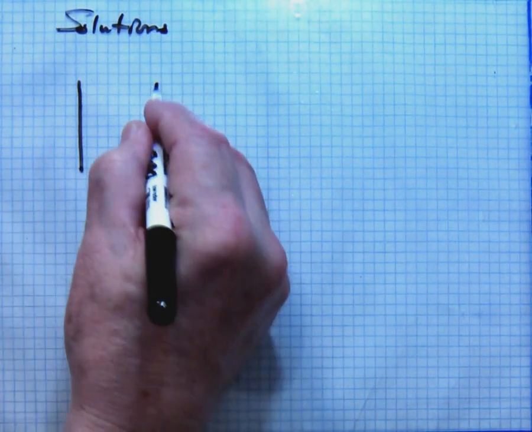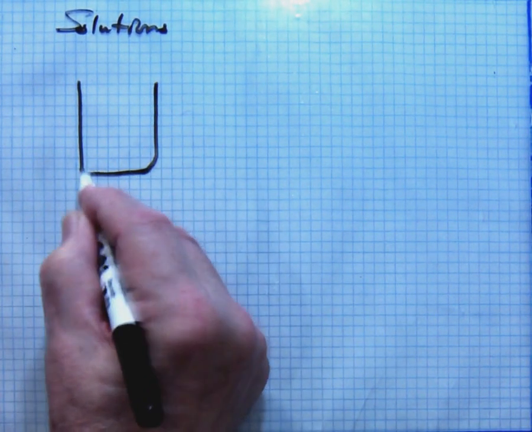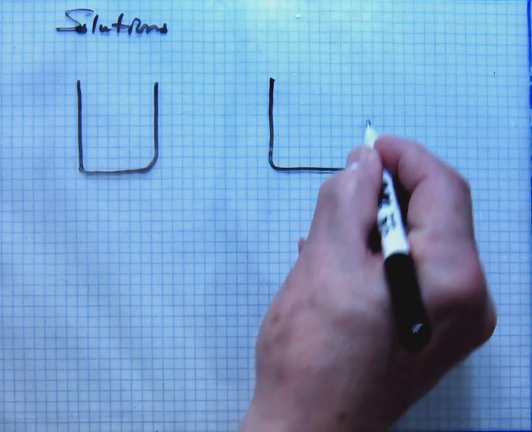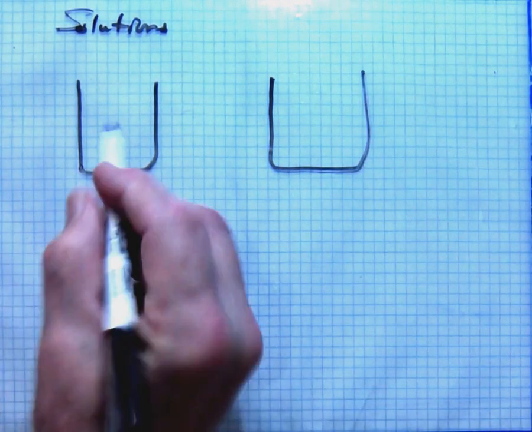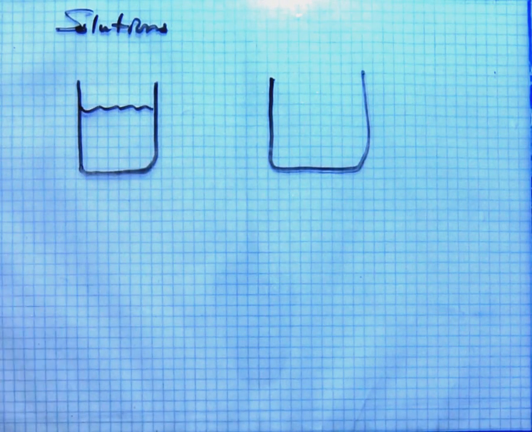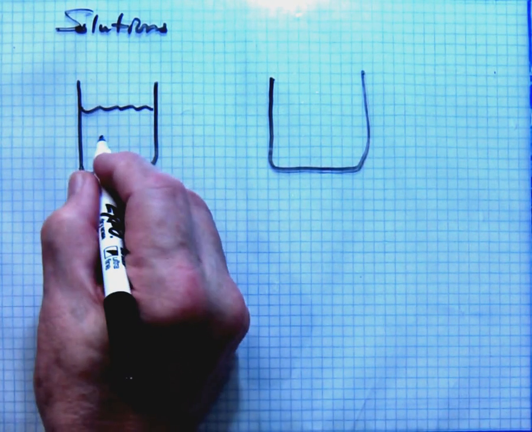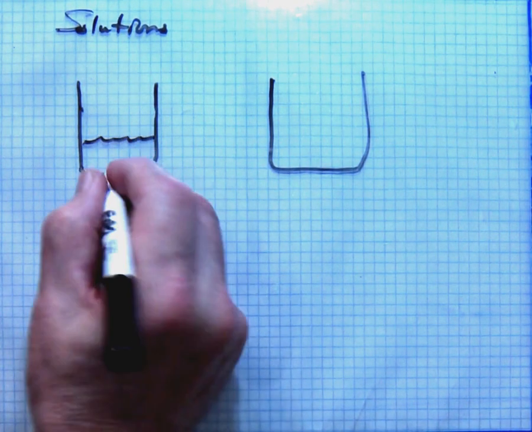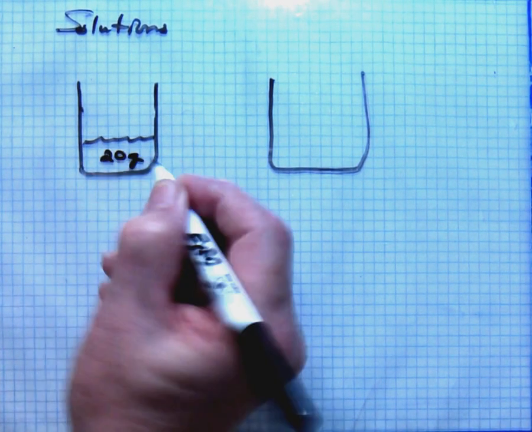Draw a couple of diagrams. Here's a beaker, and the same beaker after you add some more solvent. Okay, right here. Here's the top of your solution right here. Say you've got 20 grams of X in there.